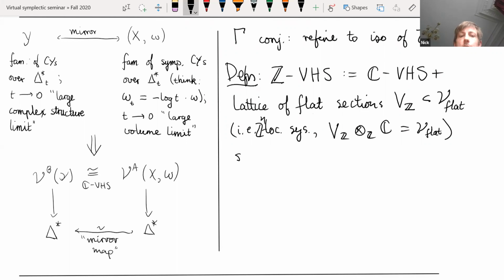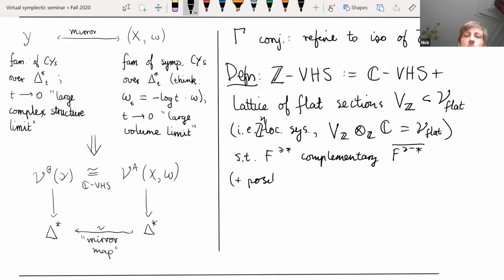And there's an extra condition that this should make one level of the Hodge filtration complementary to the opposite level after you complex conjugate using the complex conjugation induced by this choice of lattice.